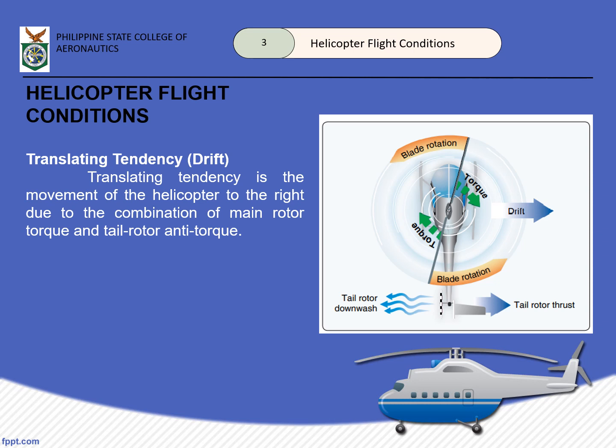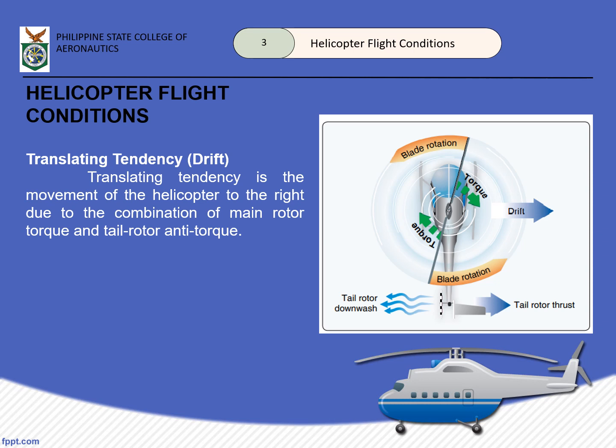So, it is basically the tendency ng ating helicopter to move laterally in the direction of the tail rotor thrust. Kasi during hover for a conventional rotor, a single main rotor helicopter tends to move in the direction of ating tail rotor thrust. So, this lateral movement is called translating tendency.